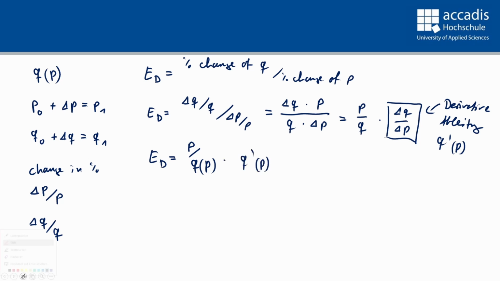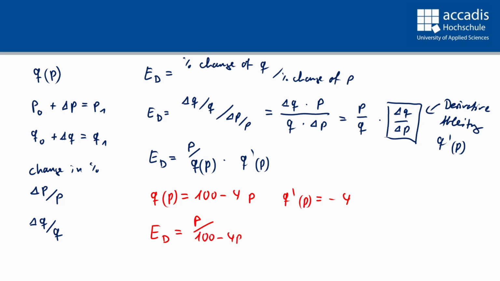So when we now take our function that we have calculated in our example, which was Q of P equal to 100 minus 4P, first of all, we know of course that the derivative, the Ableitung, is minus 4, and then we can just calculate the elasticity of demand by taking P, dividing by Q of P, so dividing by 100 minus 4P, and multiplying that by minus 4, which will then give us minus 4P over 100 minus 4P.